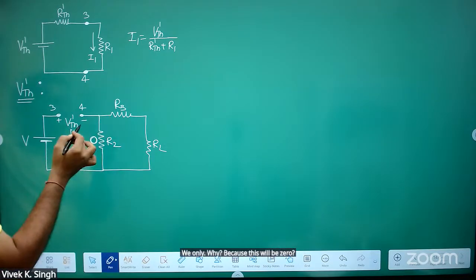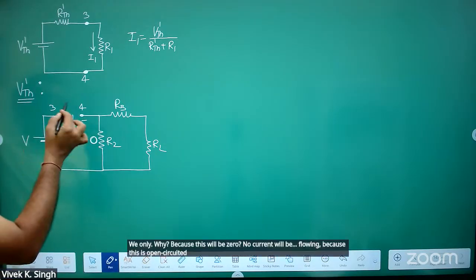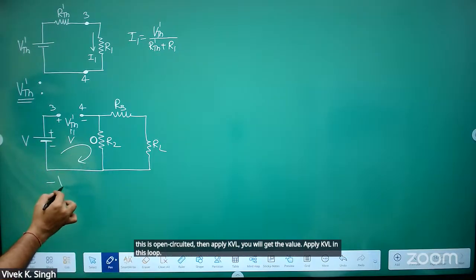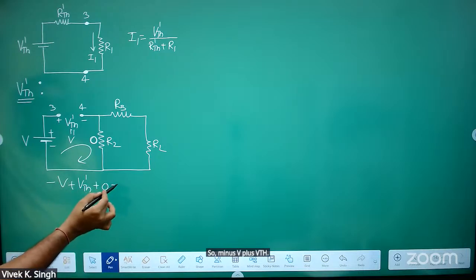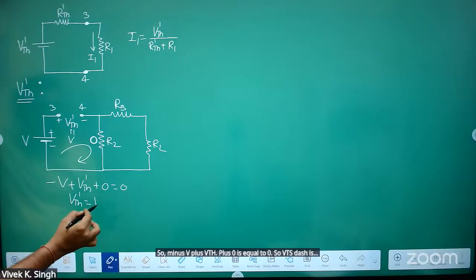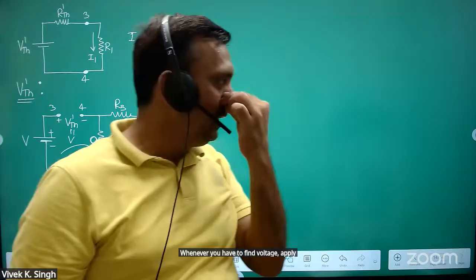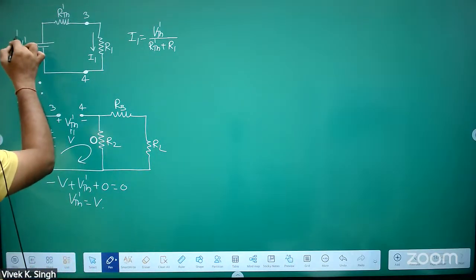No current will be flowing because this is open circuited. Then apply KVL, you will get the value. Apply KVL in this loop. So minus V plus VTH dash plus 0 is equal to 0. So VTH dash is V. Whenever you have to find voltage, apply KVL in any loop.